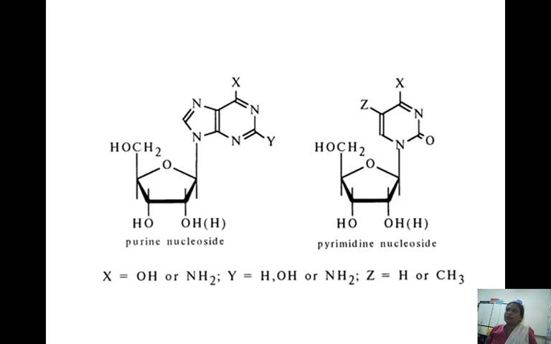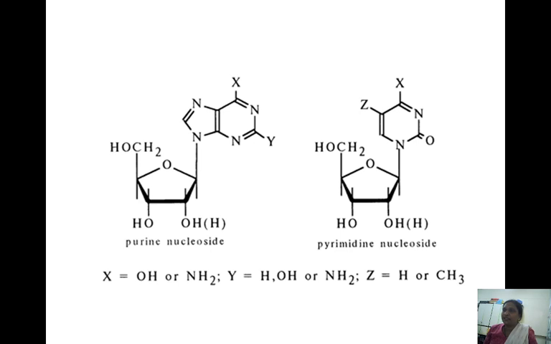Now coming to the formation of a nucleotide. Already we know that nucleic acids are polymers of nucleotides. So what is a nucleotide? Whenever a phosphate group is attached to a nucleoside, a nucleotide is formed.